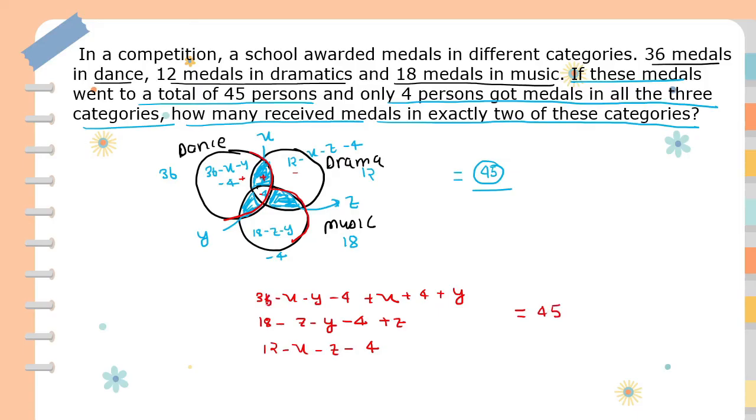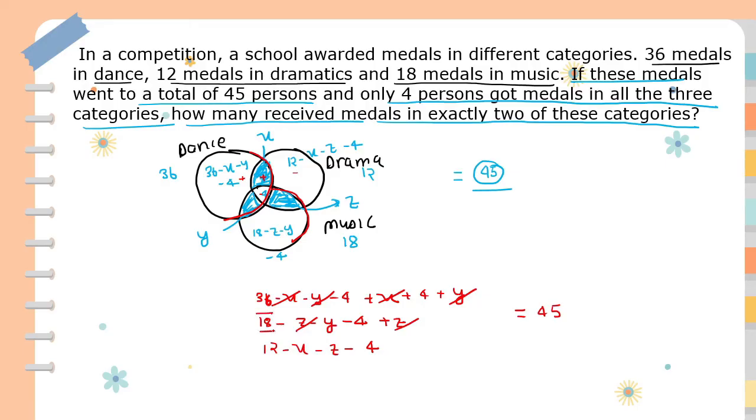So add all these things. Basically x will balance here, z will balance here, and any other things that are left, y will also balance here. So y will vanish, so only 3 are left here.